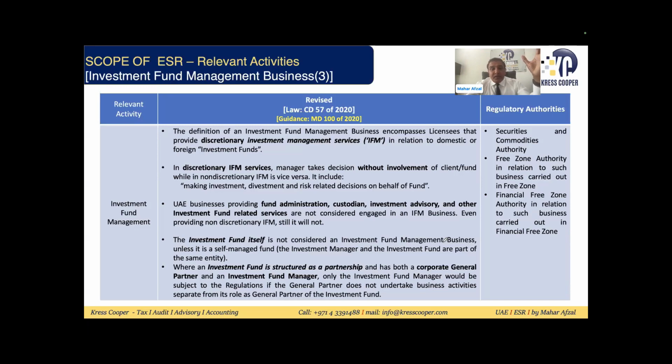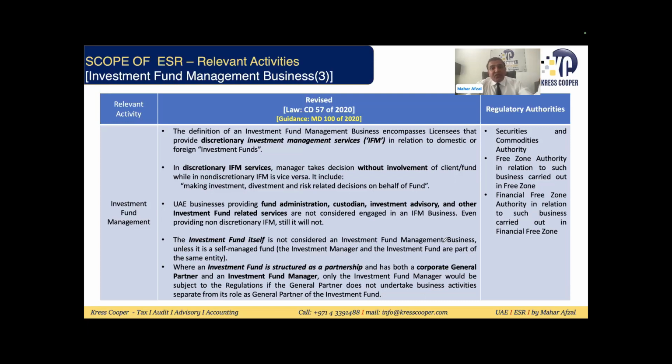If the investment managers are taking investment decisions related to the funds or sub funds without the consent of the owners or the client, then it will be considered the company is involved in the relevant activity.